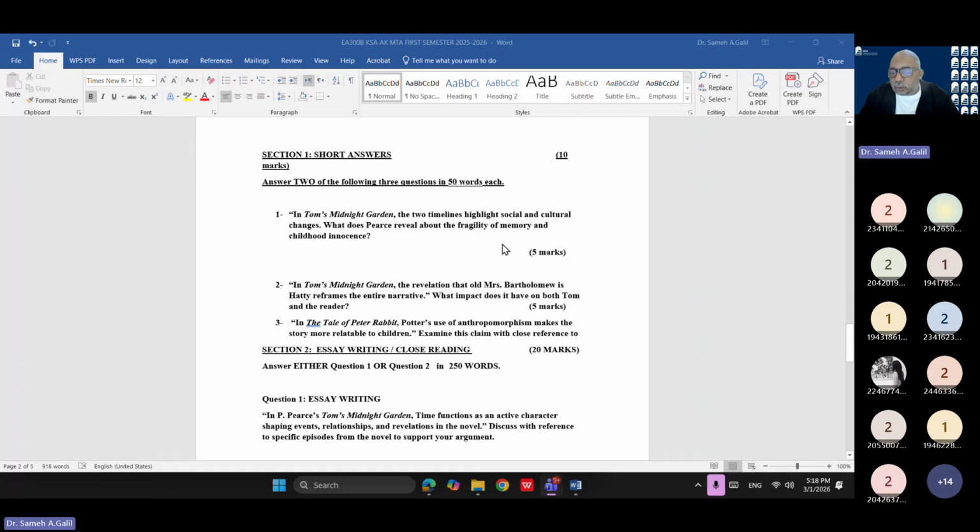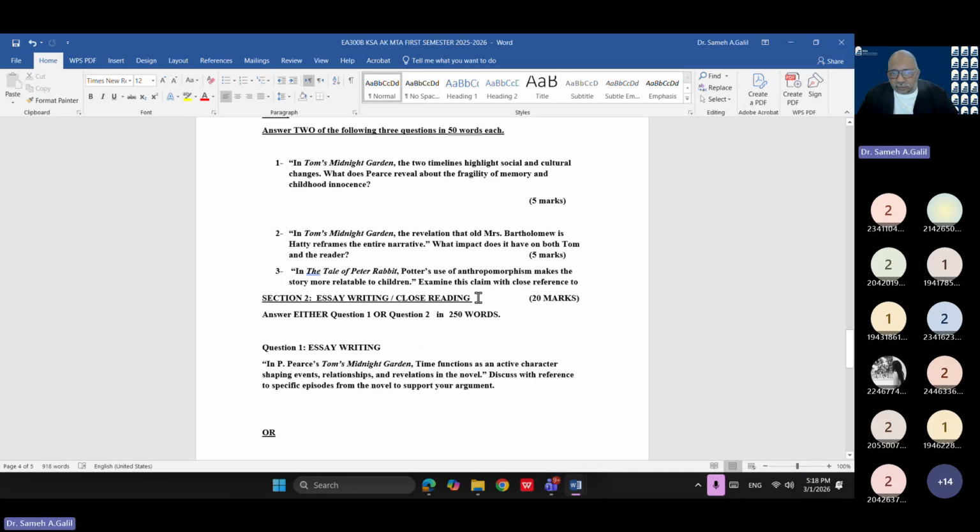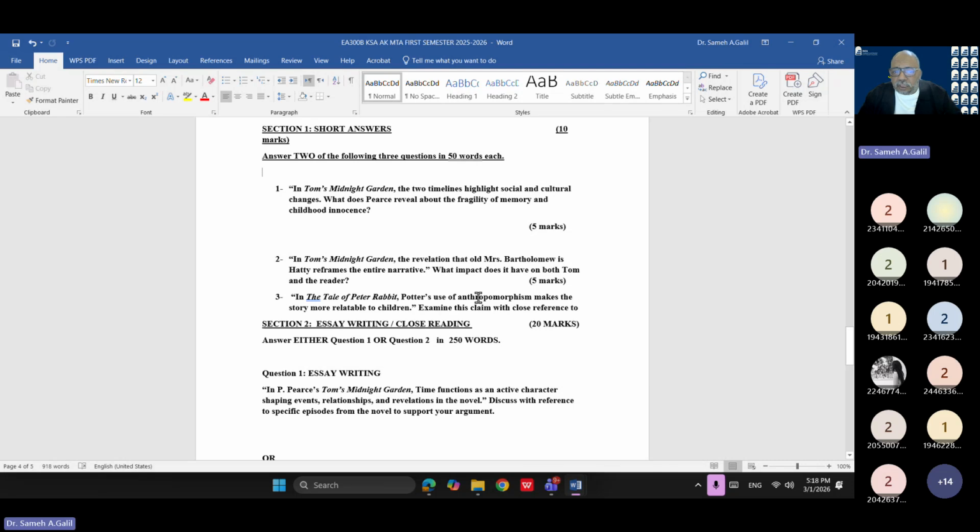Fifty words is not enough, so we're going to say half a page or a page maximum in short answers. In Tom's Midnight Garden, the two timelines highlight social and cultural changes. What does Pearce reveal about the fragility of memory and childhood innocence? Think about that.